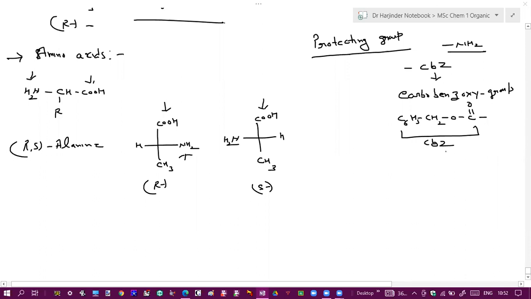So how can we attach this CBZ to this NH2 so that it reduces its reactivity? How do we react this mixture? We have to put this group, C6H5CH2O C double bond O, on this nitrogen. So what reagent will we use over here?